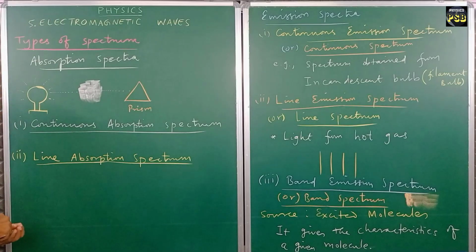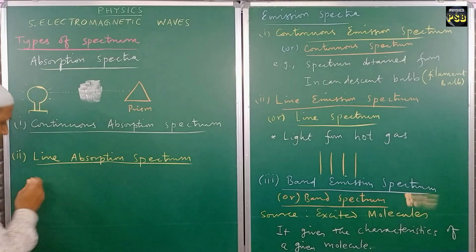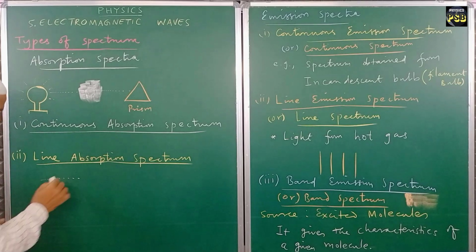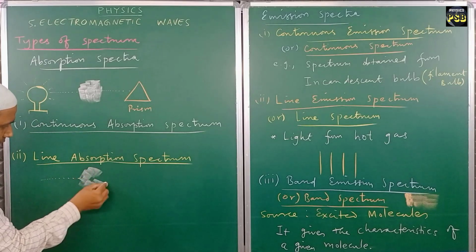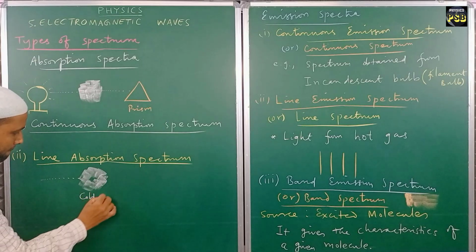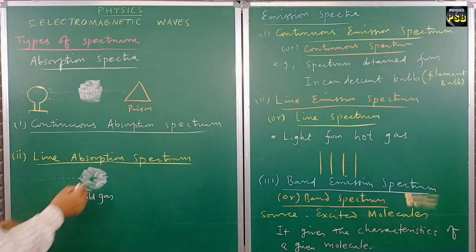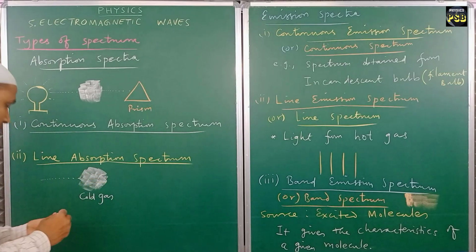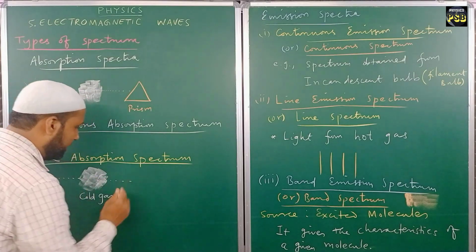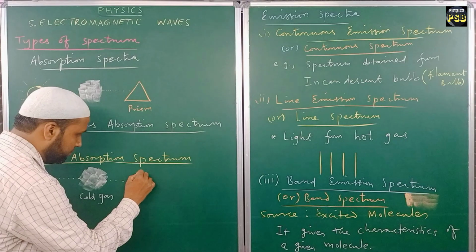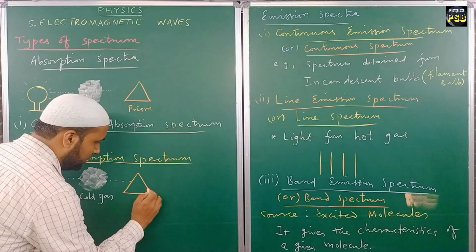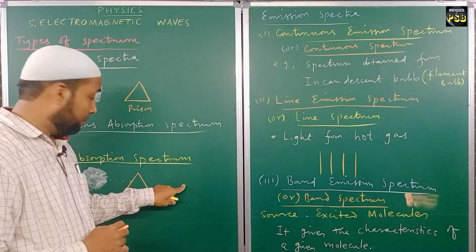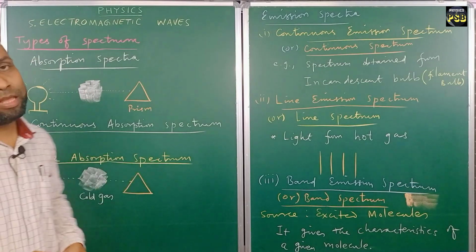Suppose I have a source, an incandescent bulb that gives out light. This light is passed through cold gas. This cold gas will absorb a certain amount of light, and the transmitted light is made to fall on a prism. Then this prism will disperse the incident light, and the spectrum obtained here is referred to as the line absorption spectrum.